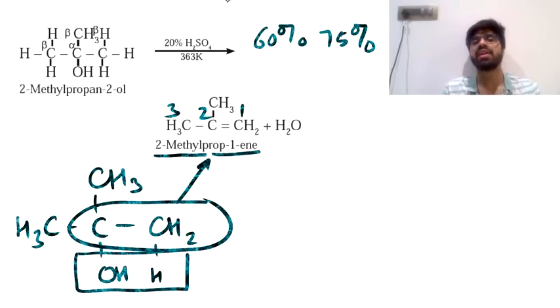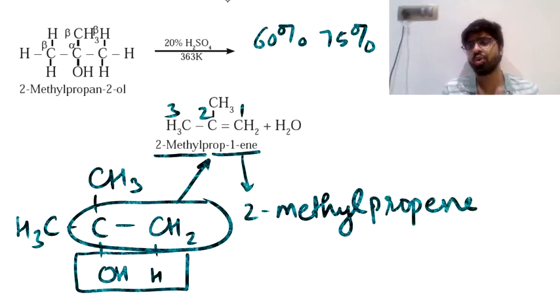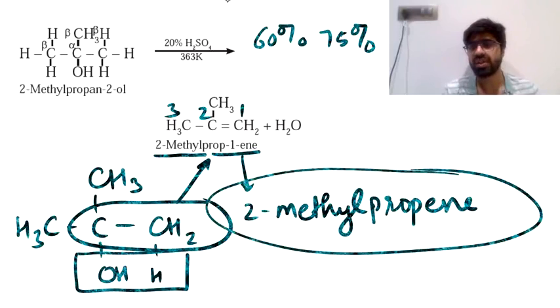You need not separately write prop-1-ene. That's a wrong way of naming it. The NCERT has named it in an incorrect manner. You need to name it as 2-methyl, not prop-1-ene, but simply propene, because there's nothing like prop-2-ene. If there's propene, it has to be prop-1-ene only. There's no other possibility of propene being written in any other way. So this is simply 2-methyl propene.